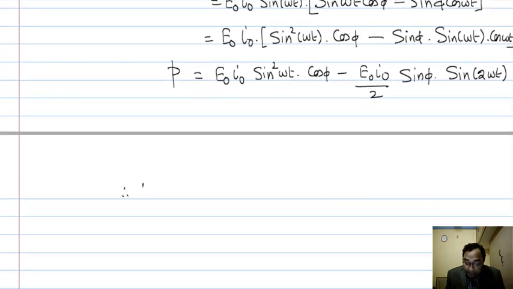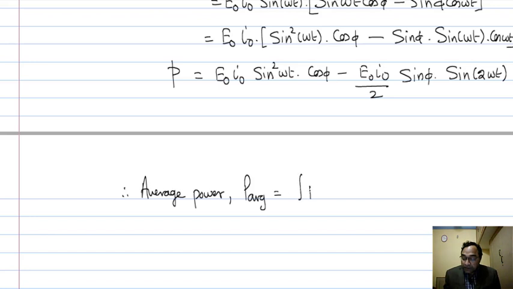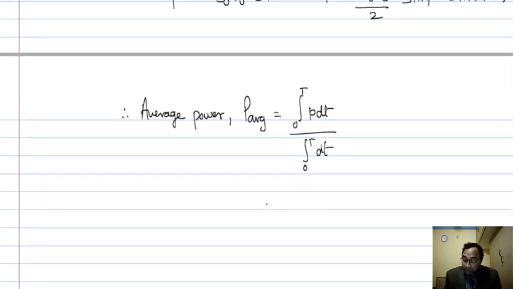So therefore average power will be what? Average power is, we have to find the integration of instantaneous power P dt over the complete cycle upon 0 to T of dt. So if we try to simplify this, we get an equation like this.